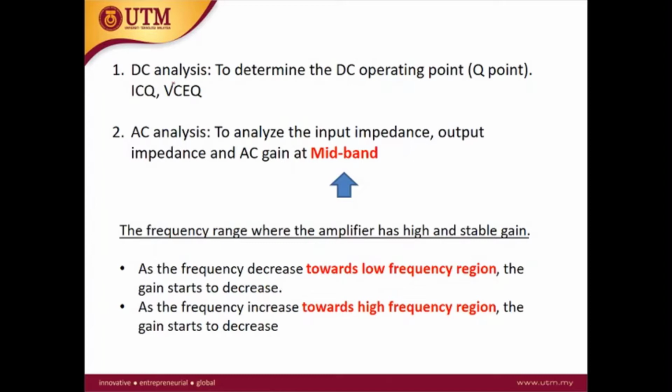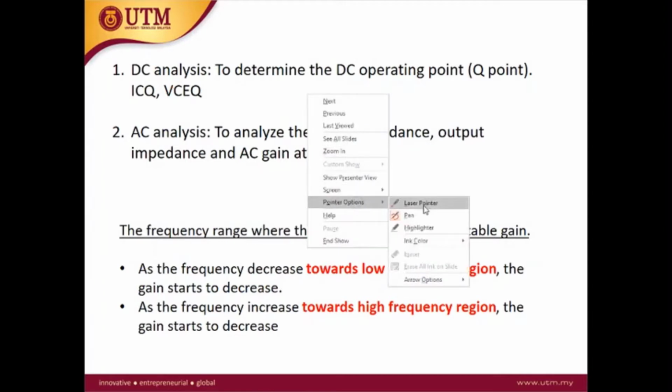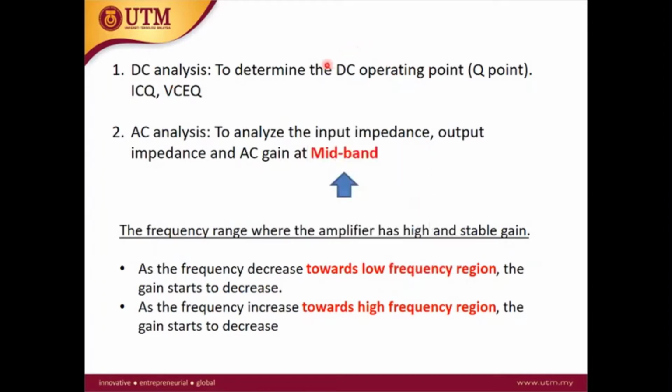So in the second week of the chapter BJT, we discussed how we can do the DC analysis. The objective of the DC analysis is to determine the DC operating point of the BJT. So we want to make sure that the BJT is at a suitable operating point.